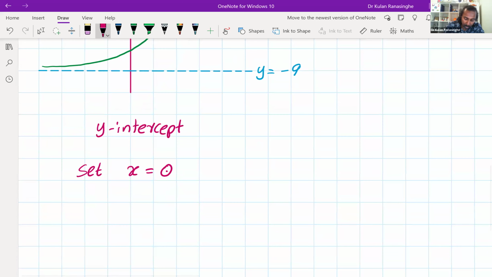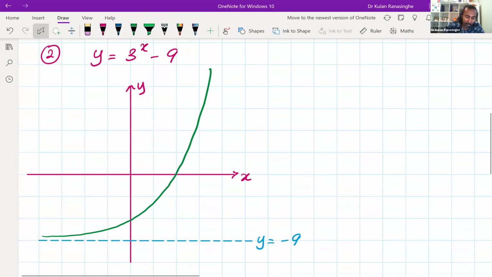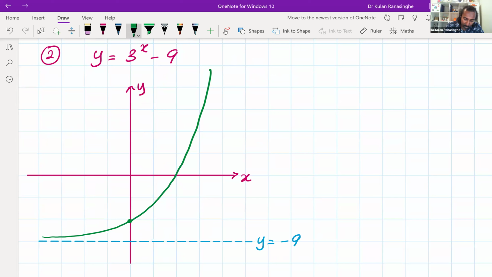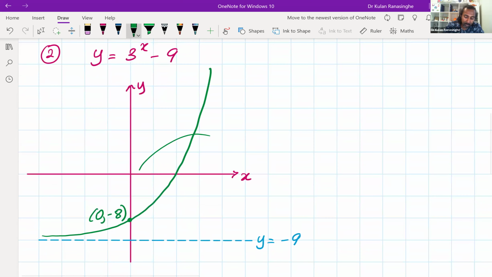Okay, we have y equals 3 to the x minus 9. 3 to the 0 is 1, minus 9 is negative 8. So that is my y-intercept. That is right here, (0, -8).